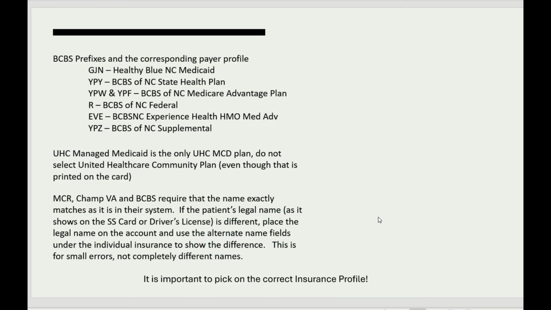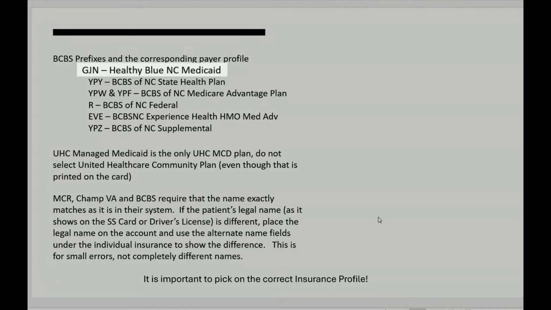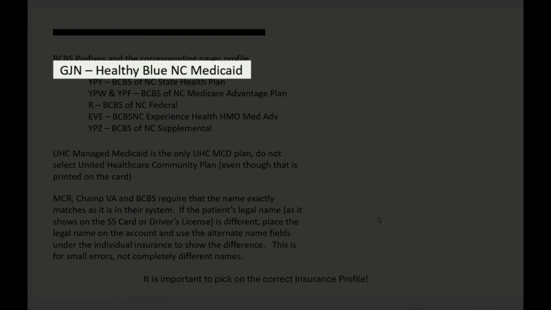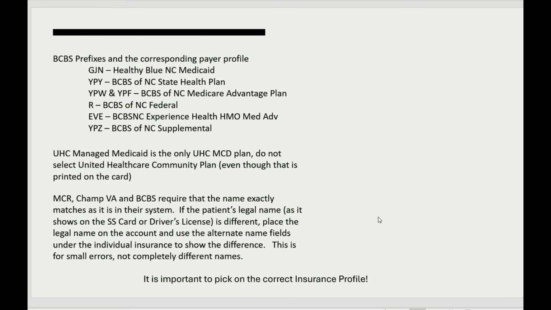All right, so these are some examples of the Blue Cross Blue Shield prefixes with the corresponding payer profile. April, I know you said we should all send it to the local, but we have a few exceptions. The first one, the GJN, is Healthy Blue. That will go to Healthy Blue when you set up your patient insurance profile. For the Blue Cross Blue Shield state of North Carolina, the YPYs, you can also choose that in your insurance profile.